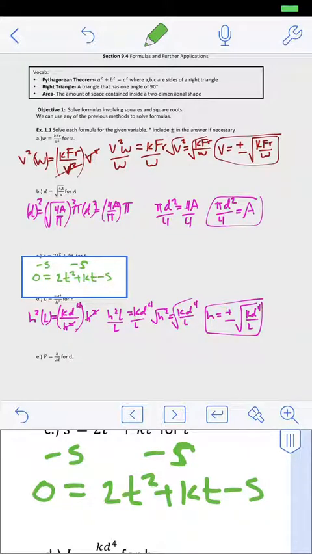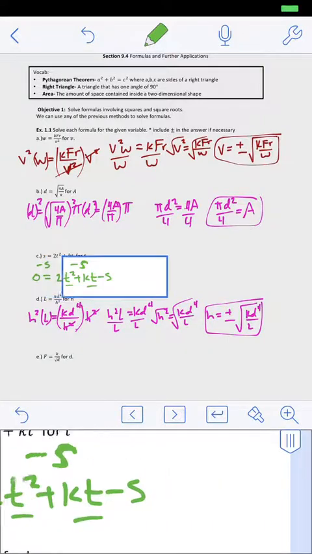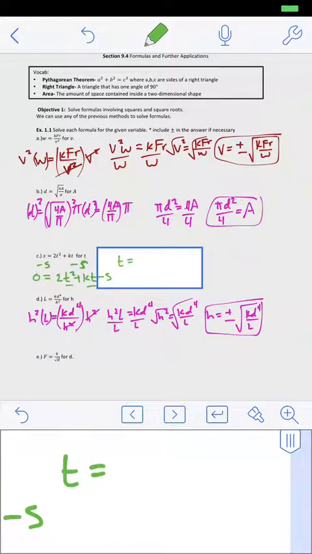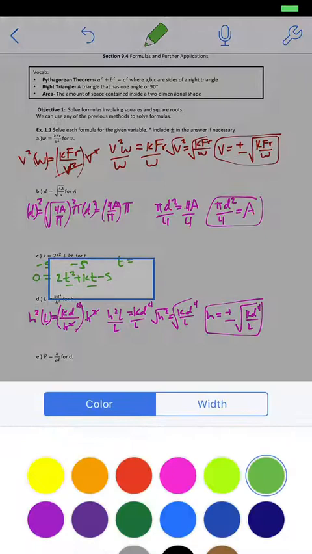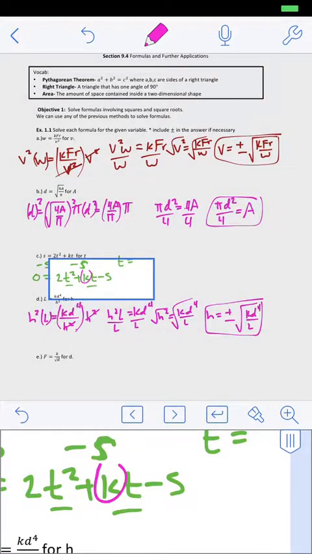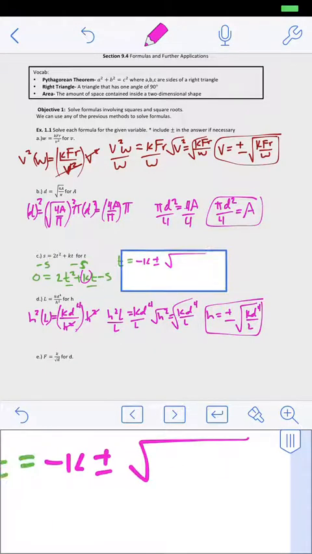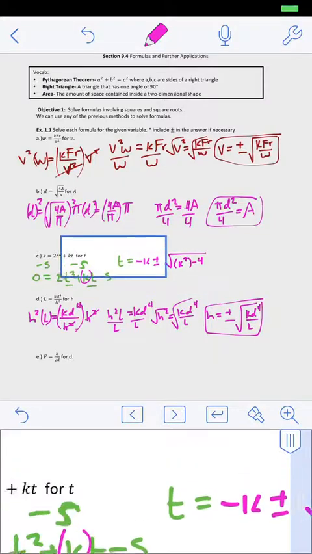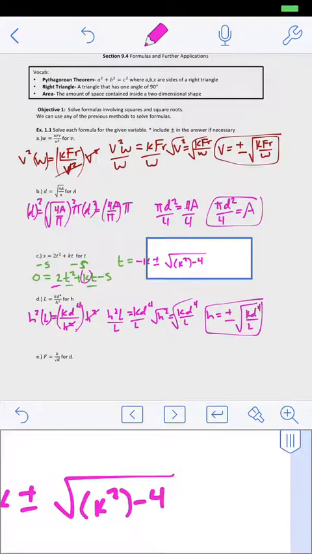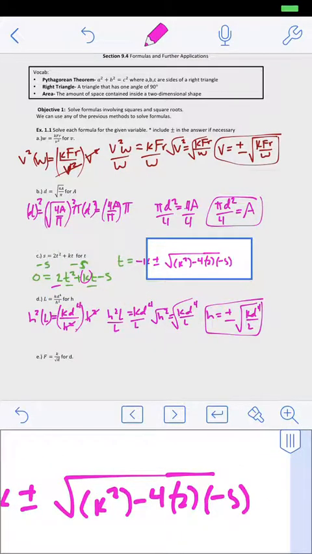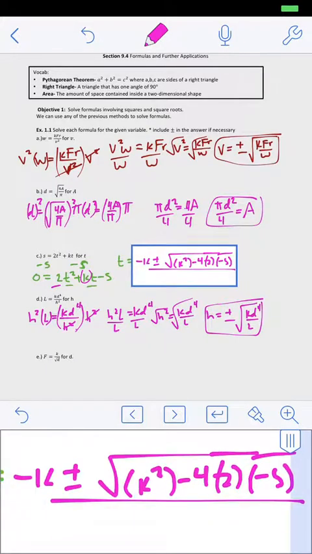So I'm going to plug this into the quadratic formula where t is x. So t is equal to minus b, well in this case, b is k, so minus k, plus or minus the square root of b squared, so k squared, minus 4 times a, which is 2, times c, in other words, c is a negative s, all over 2 times a, which is 2.